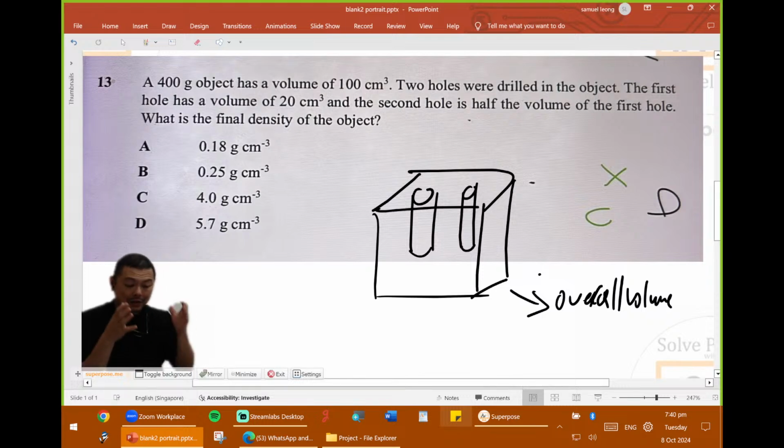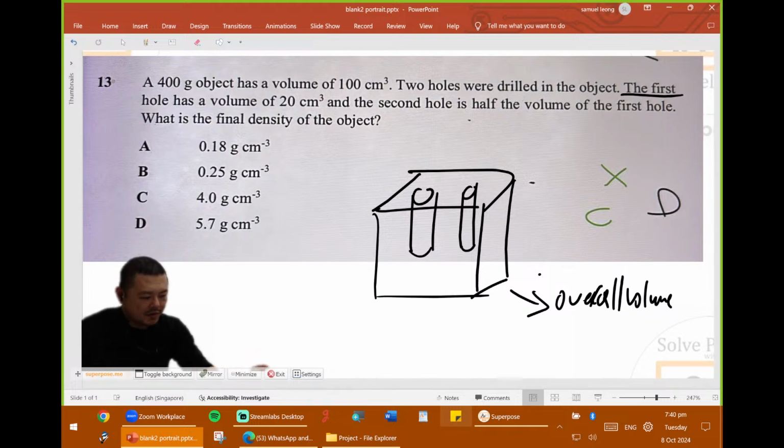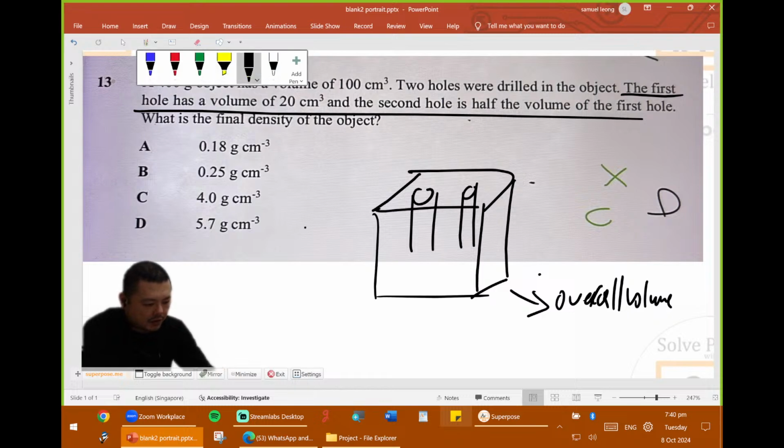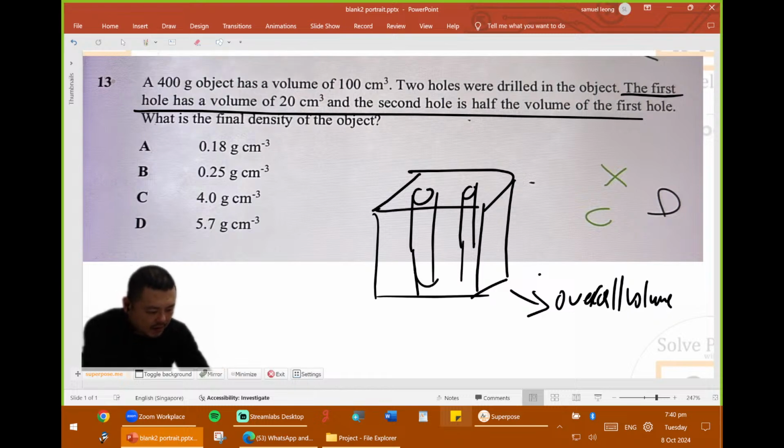At first, I thought they were talking about a ship. I thought you drill a hole, so the overall volume is still 100 cm cube. And then I realized that no, it's not. They probably drill a hole straight through all the way to the bottom like this.